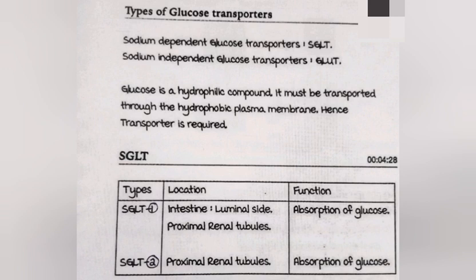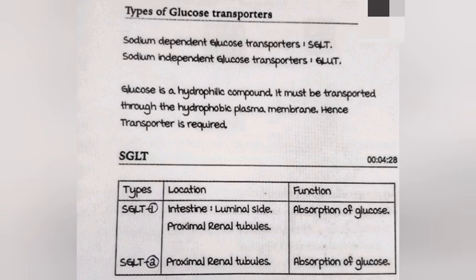SGLT1 is present in the small intestine and also in the proximal renal tubules, and its function is to absorb glucose. Its clinical application is in ORS, oral rehydration solutions, which are made based on this mechanism. SGLT2 is present in the proximal renal tubule and its function is also to absorb glucose.